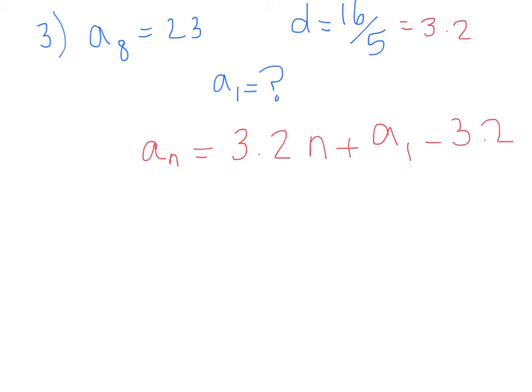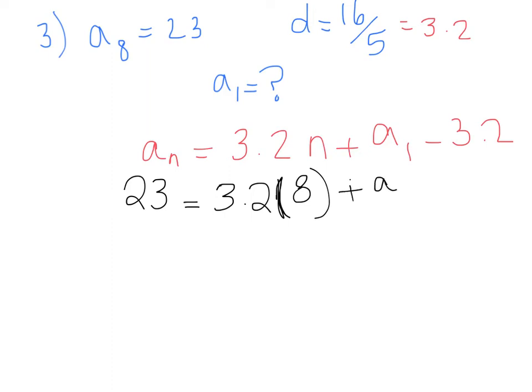Alrighty, well, I know that the number in the 8th position is 23, so a sub n is 23 if 8 is the position, so plug in 8 for n, plus a sub 1 minus 3.2. If I multiply 3.2 times 8 and then subtract 3.2, I am combining like terms.